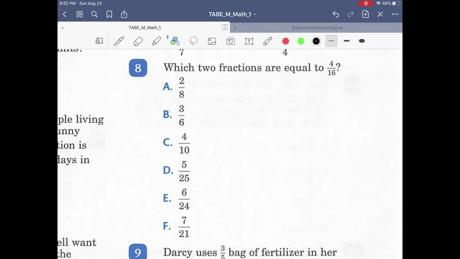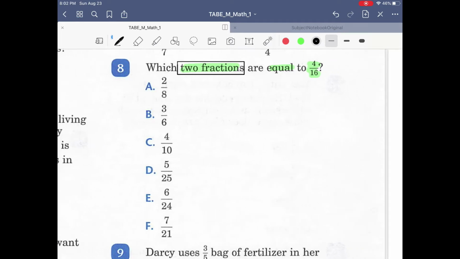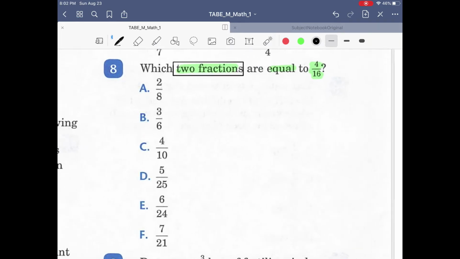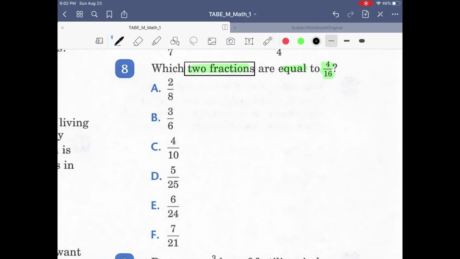Number 8. Which two fractions are equal to 4/16? So we have quite a few to choose from. And I think I'm just going to put these right in here. I believe I have enough room.